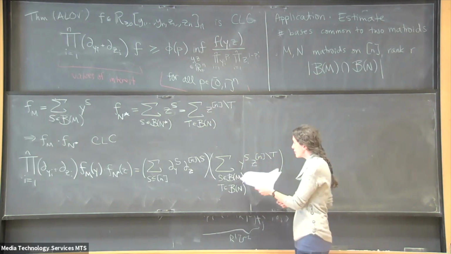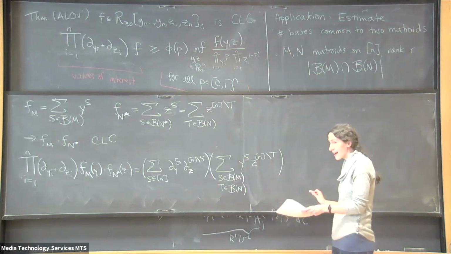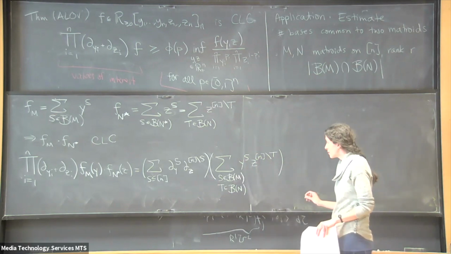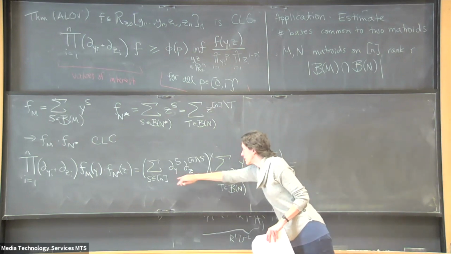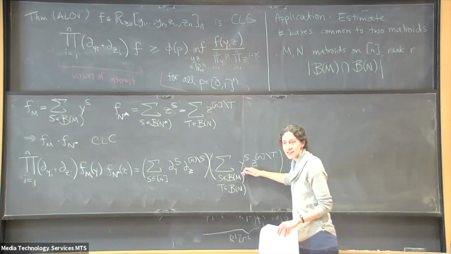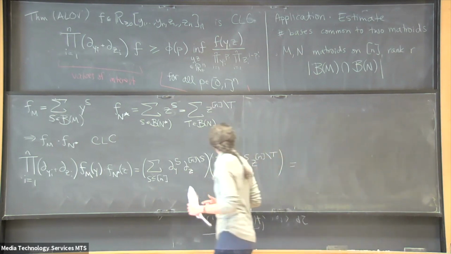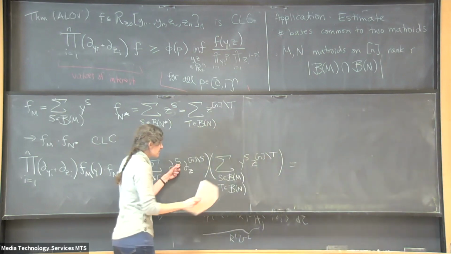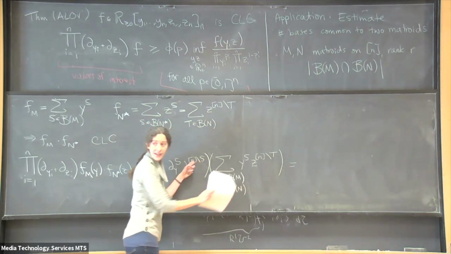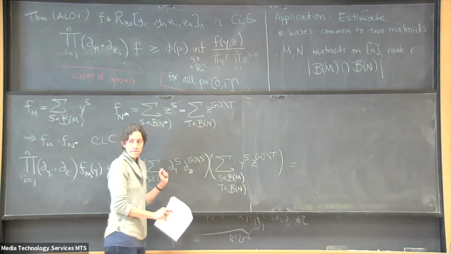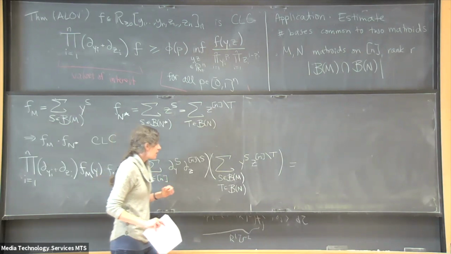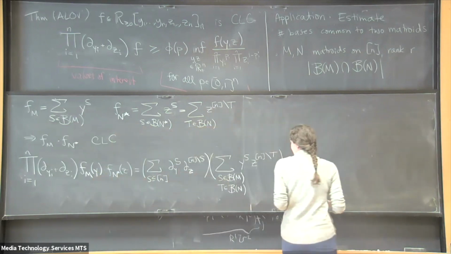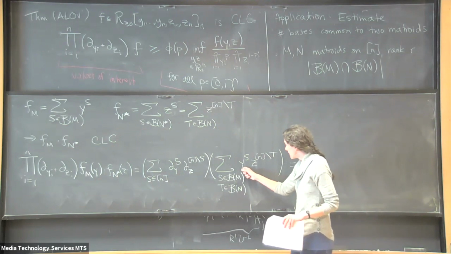And if I think about what terms survive, taking this monomial differential operator and applying it to this monomial, the only way for this to survive is if these terms match exactly. And so what does that mean?